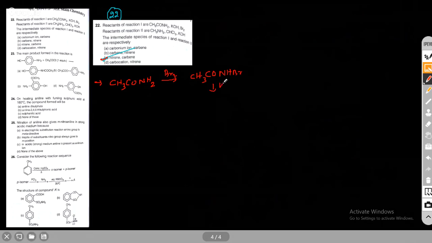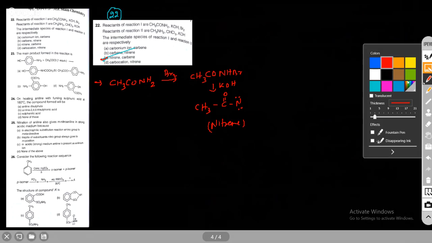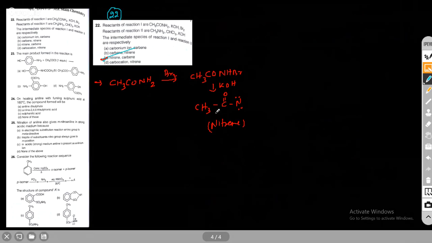When this further reacts with KOH, then KBr and H2O go out and we'll get CH3C double bond O N with two lone pairs on it. This is nitrene. Now in this, what happens? This CH3 will shift to this nitrogen here, and then finally we'll get CH3NH2. I have done this mechanism in the class.